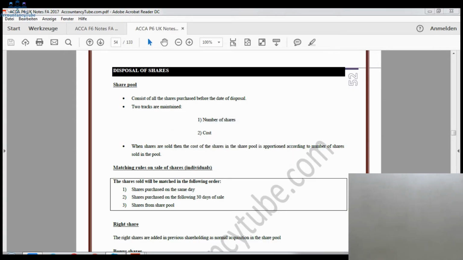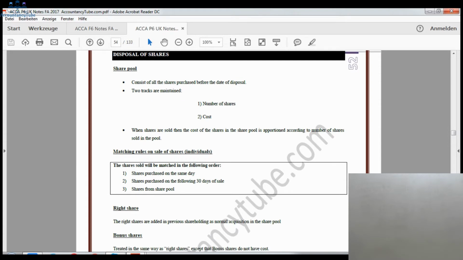However, if you come to page number 52 of your P6 lecture notes, let me share the screen with you. Page 52 of your P6 lecture notes: disposal of shares. Now this is exactly the same material which we have covered in our previous video lecture. You have to go through these notes of your own P6 notes.